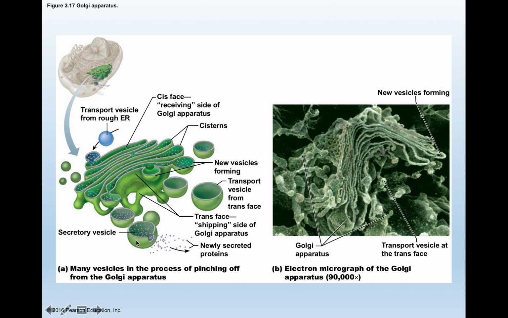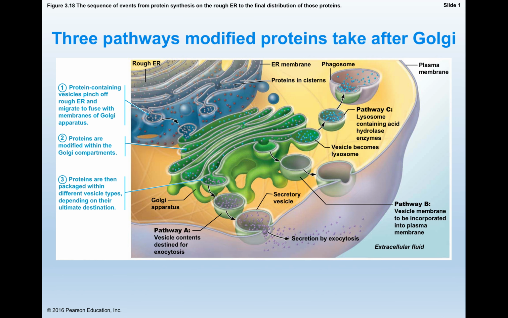So what are the destinations of these packages or vesicles from your Golgi apparatus? There are three separate pathways for these proteins and lipids, and they're represented right here, and one right here. The first option is when the proteins and lipids are merged with the plasma membrane through the process of exocytosis, and the components get released to the outside.